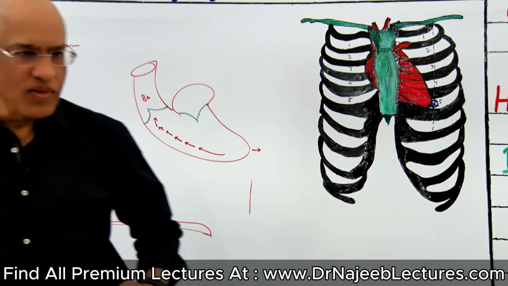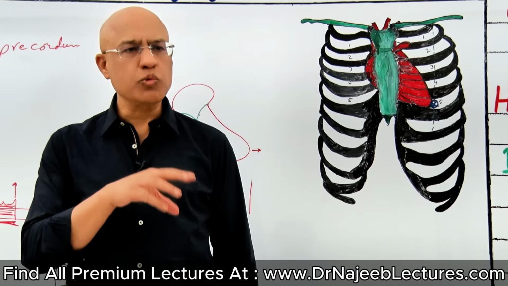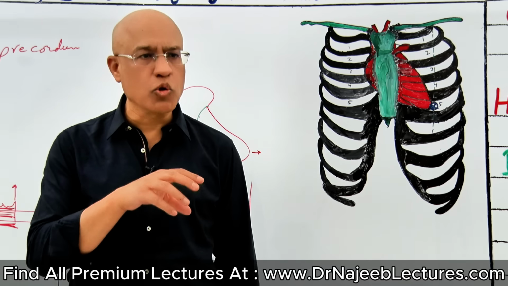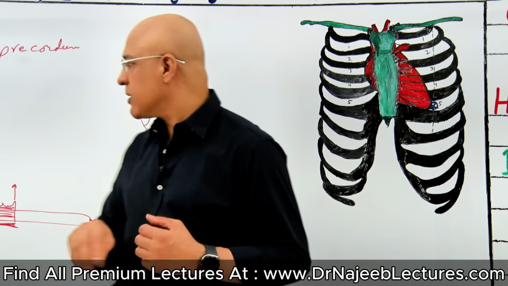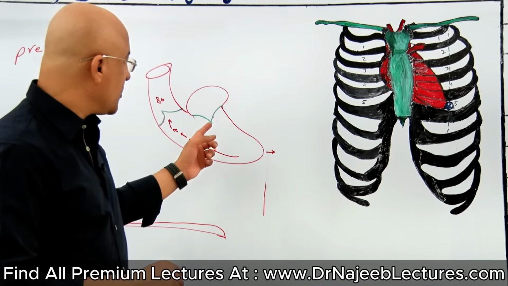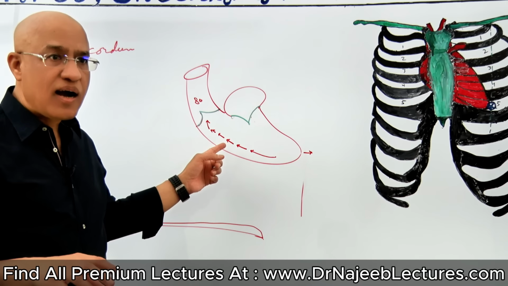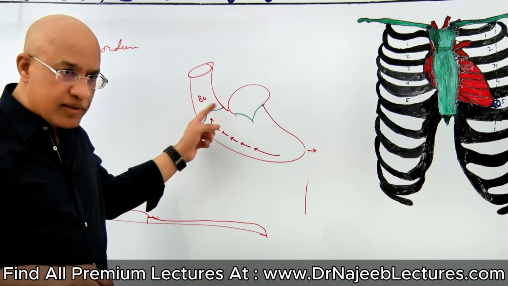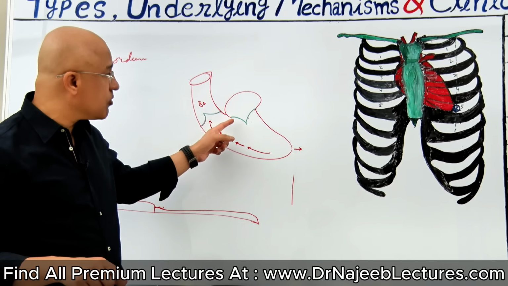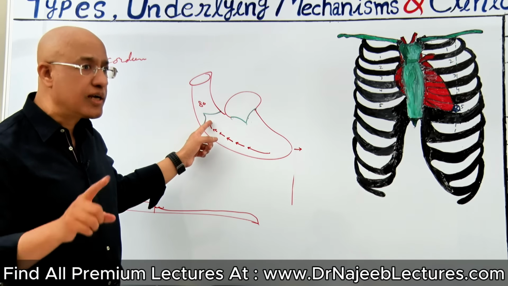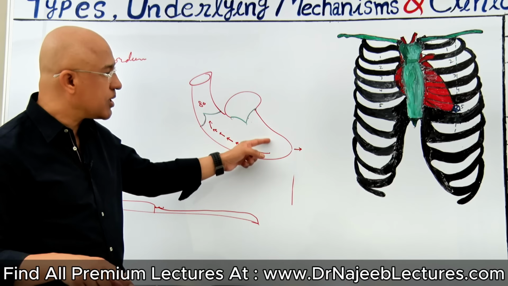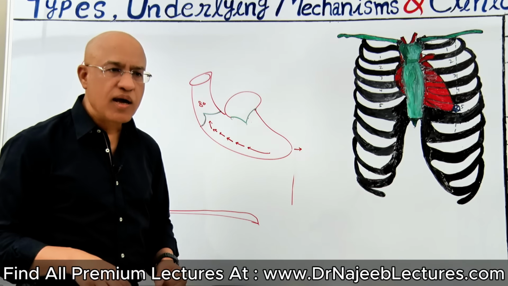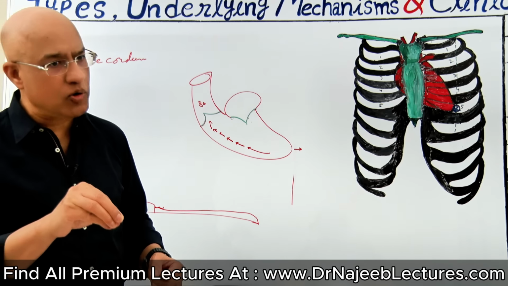It's worth repeating that when left ventricular systole starts, initially the left ventricle is contracting as a closed chamber as it closes the mitral valve first, right? And it keeps on contracting until it builds up enough pressure to open the aortic valve. This early duration during which the mitral valve has been closed and the aortic valve is not yet open, this early phase where the left ventricle is contracting as a closed chamber, is called isovolumetric contraction.